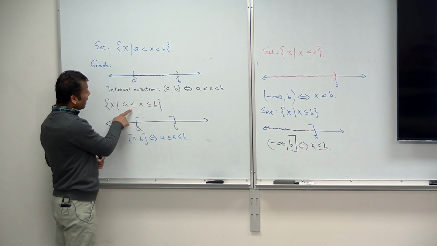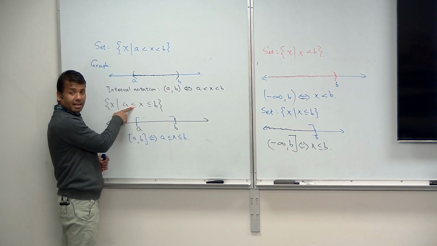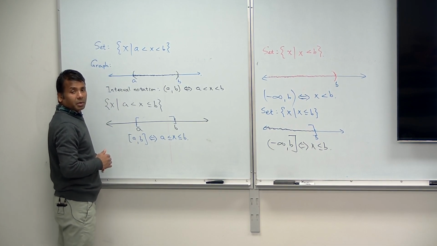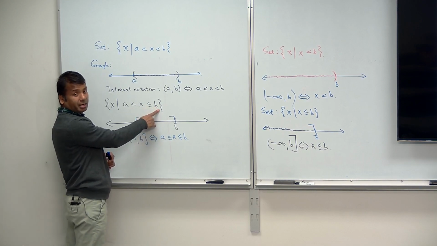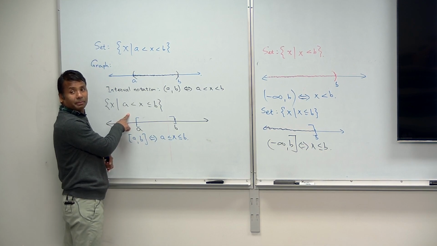Look here. If you have a is less than x is less than or equal to b, this is called a semi-closed interval. The interval is closed on the right side, but it is open on the left side. Okay?